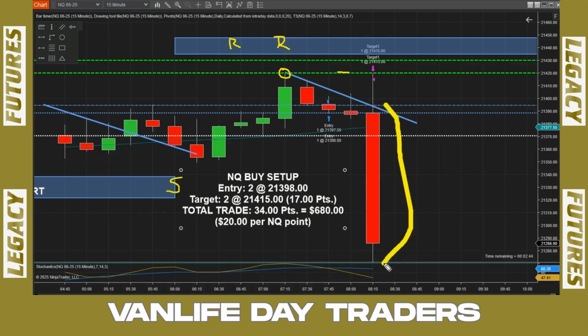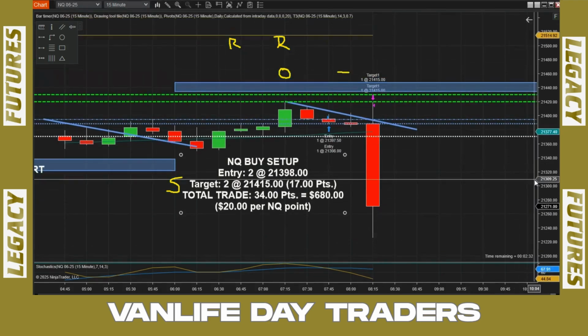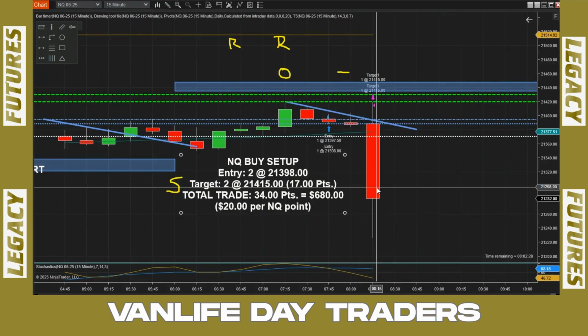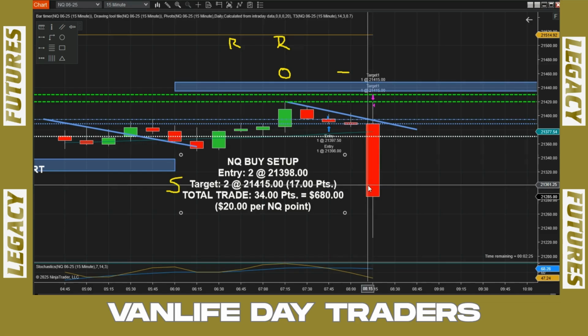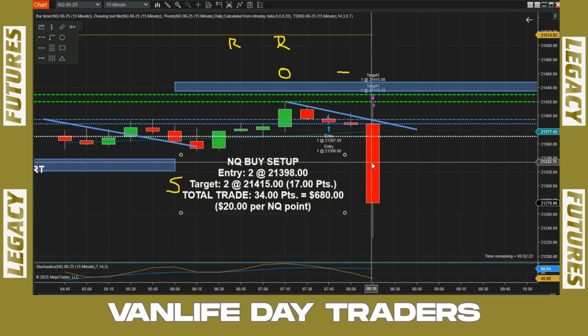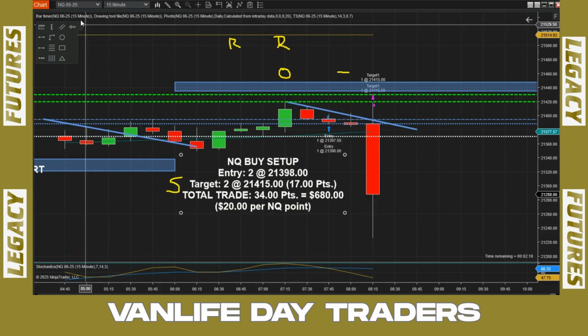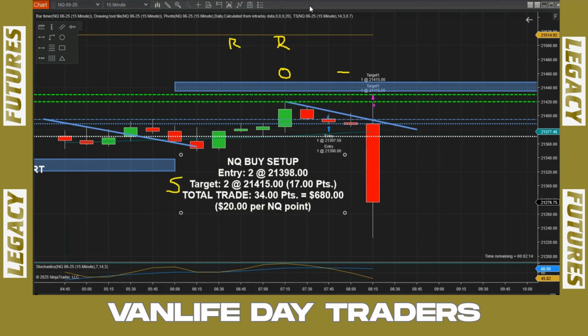When things like this happen, and this is my opinion and my opinion only, I could be wrong, but I've been analyzing the market for so long, so there's always an explanation to what's going on. How I can explain this is they are setting themselves up to make a lot of money after the high impact news.